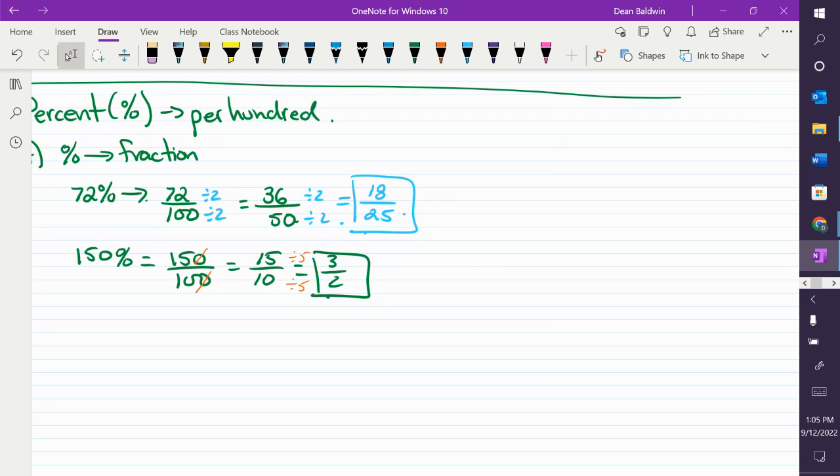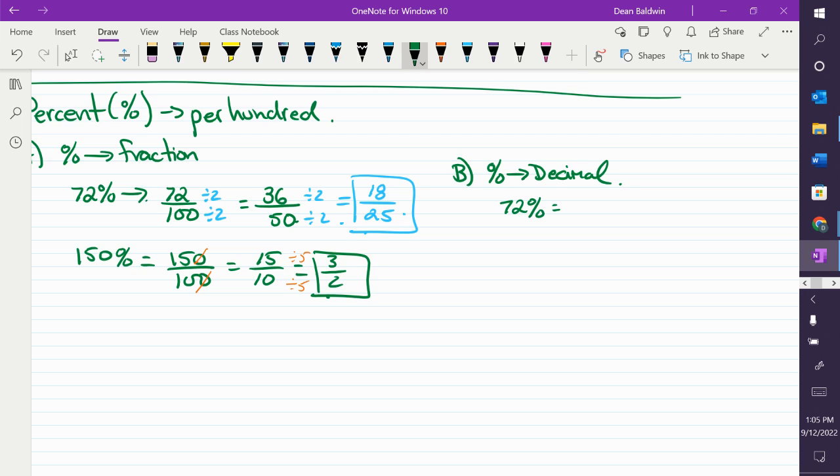What about number 3 or 2? B, I think it's B that we're on. What if we do percent to a decimal? We've already technically done this. So we'll use the same numbers. 72%.